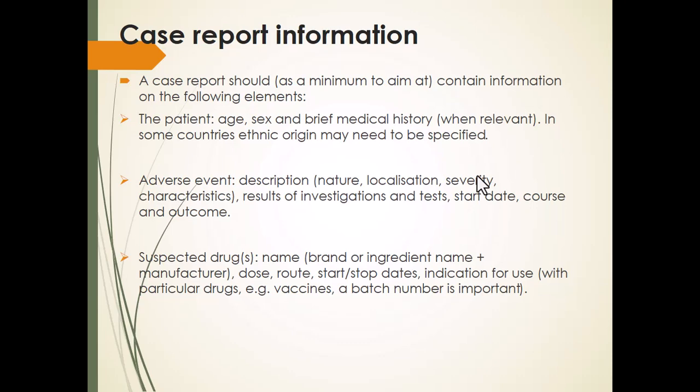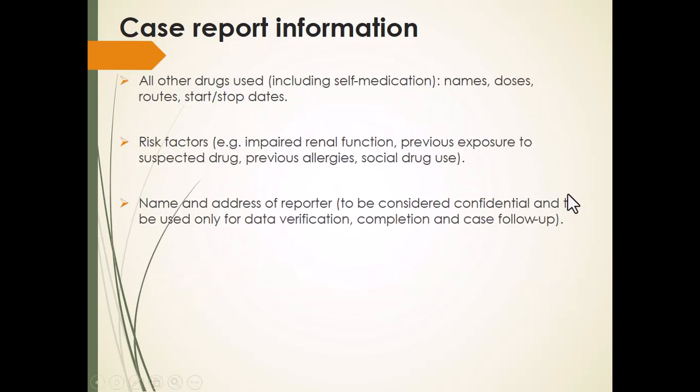That's why most of the time we see that medications are recalled from the market based on a specific batch number, maybe one suspected to have adulterations, or that is giving adverse drug events to different clients who are consuming that specific batch. Okay, so the dose, the route of administration, the starting and stopping dates, and the indication for use. This is information about the drug you need to include.